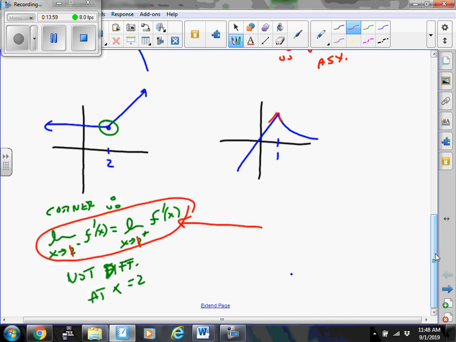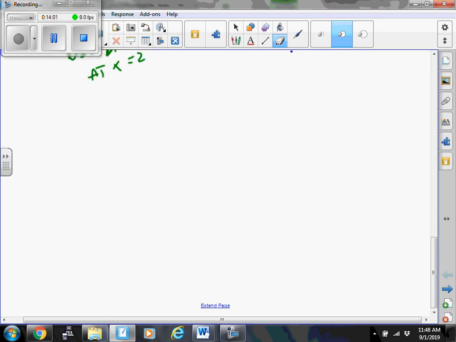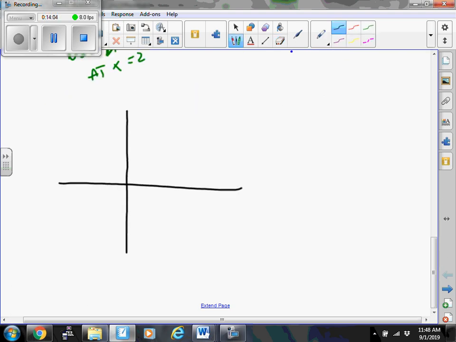The last one's a little bit more complicated, so I'm going to sketch that one. Give me a second here. I just feel so excited that I get to sketch this graph. 8. Okay, so 8 looks like this. It looks like an absolute value function, open there, closed here, and you got a -1 here, and then it looks like, I don't know, some random old thing like this.